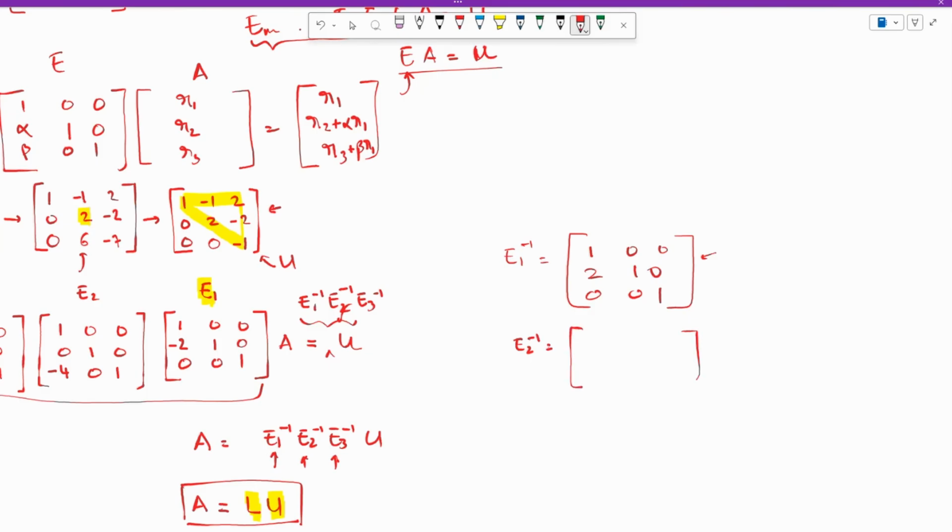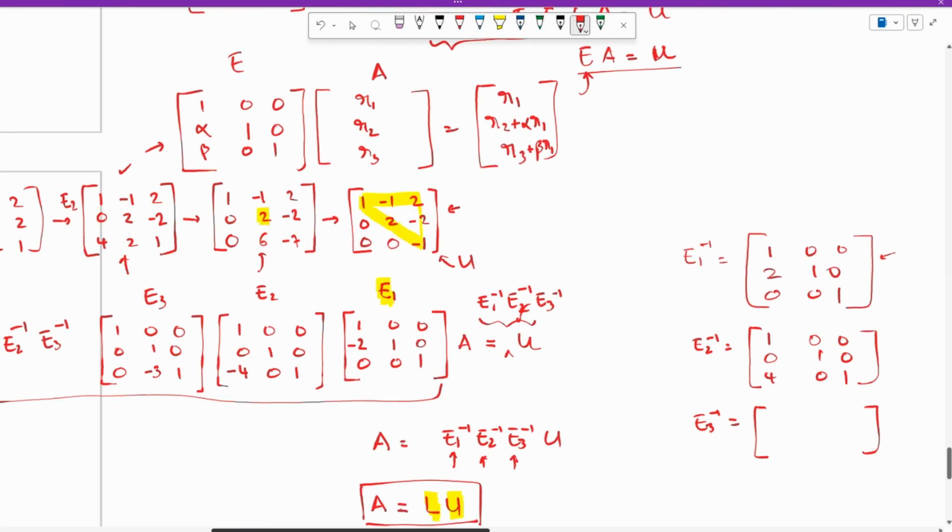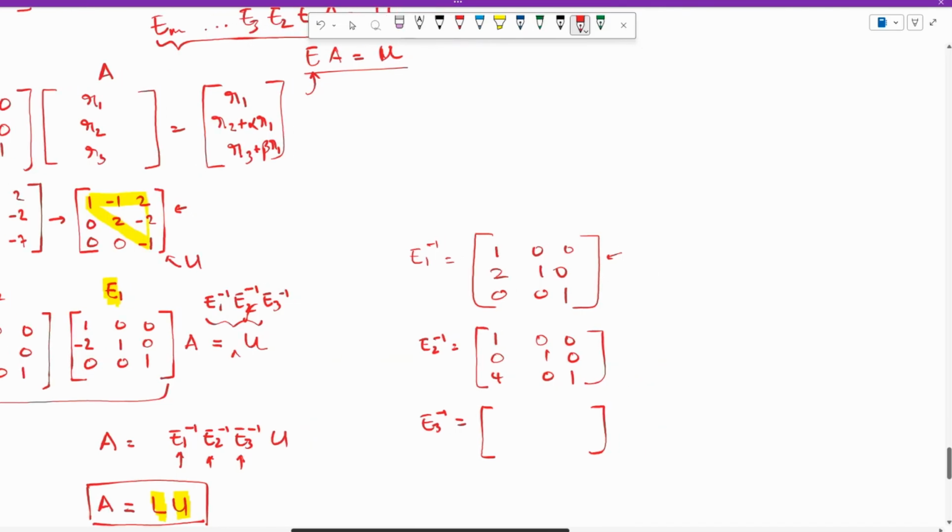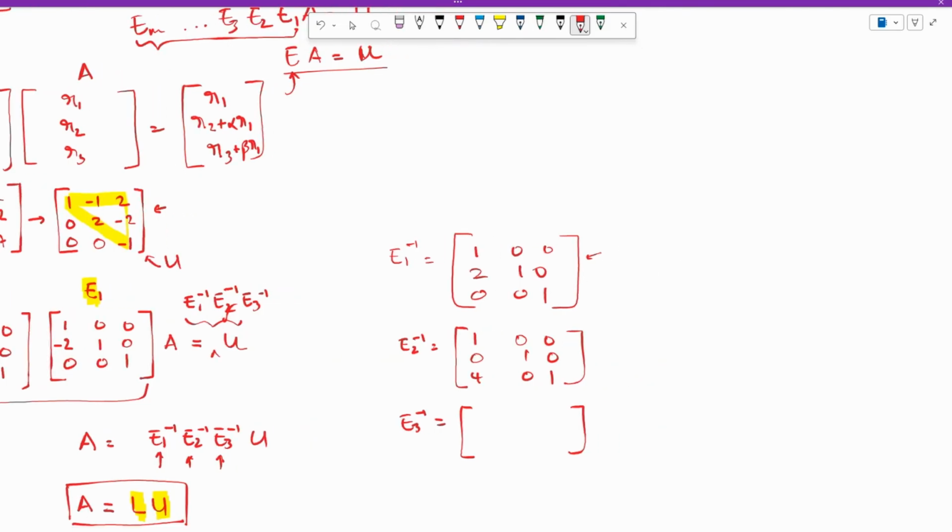In E2, you're adding minus 4 times the first row to the third row. What about E3? You added minus 3 times the second row to the third row. Sorry? Plus 3. So it'll be 1. Okay.